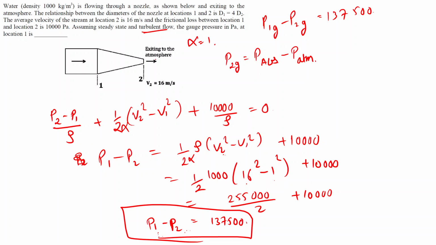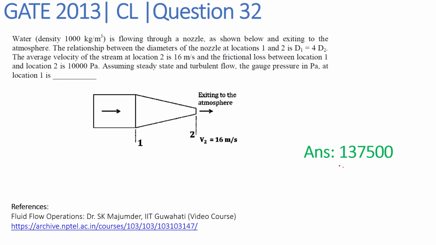Since at location 2 the fluid is already exiting to the atmosphere, the pressure at this point will be equal to P atmospheric. So P2 gauge will be equal to P atmospheric minus P atmospheric, which becomes 0. That is, P1 gauge will be simply equal to 137500. So the final answer, we can write it as 137500.